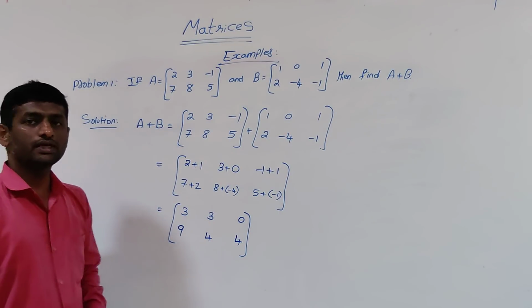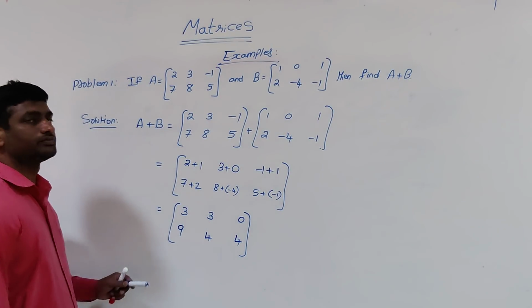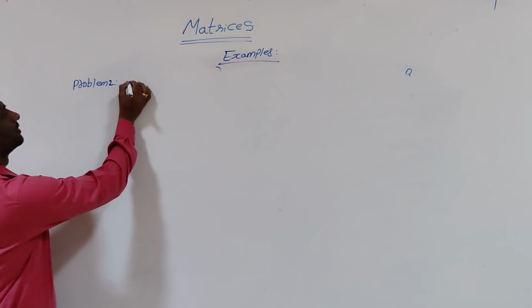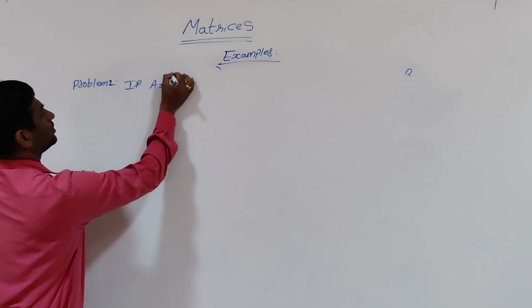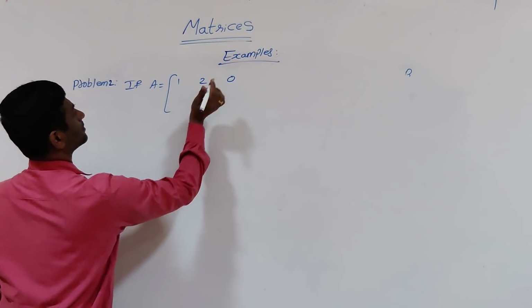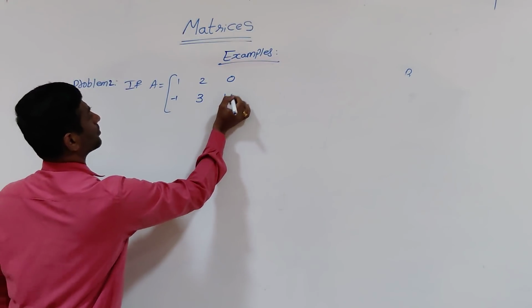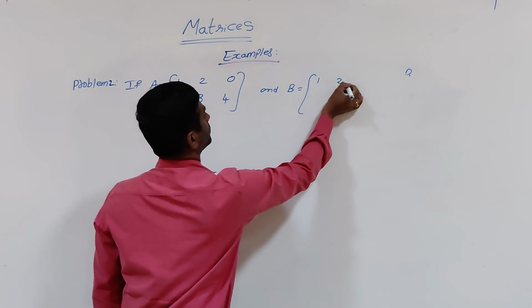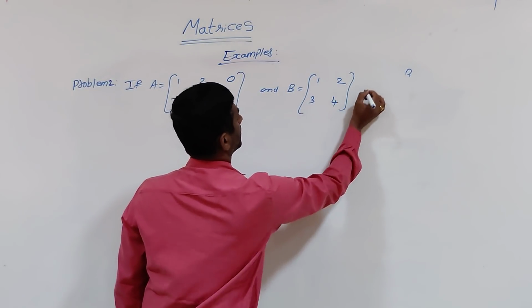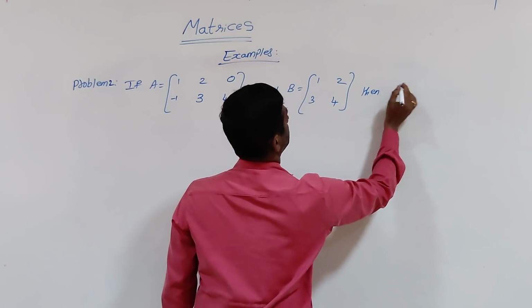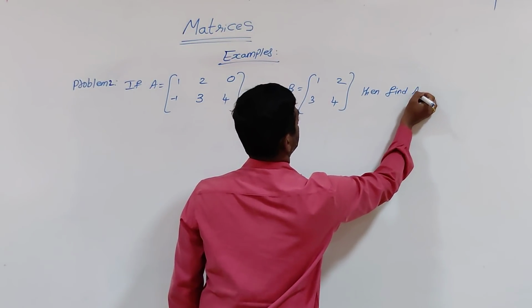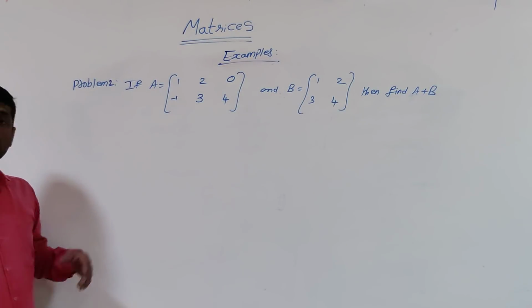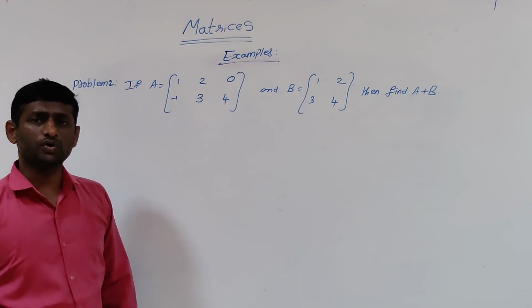Now we'll see one more problem. If A is equal to [1, 2, 0; minus 1, 3, 4] and B is equal to [1, 2; 3, 4], then find A plus B. In this case, is the addition of the two matrices possible?